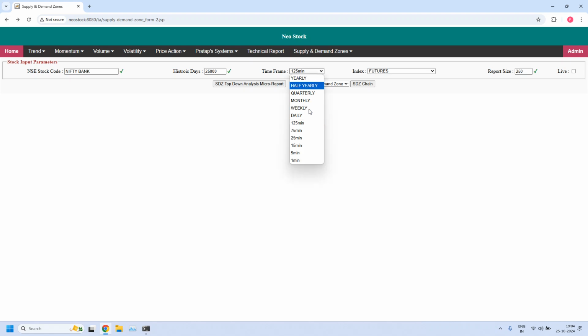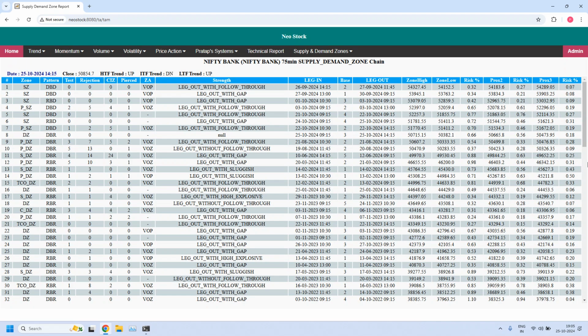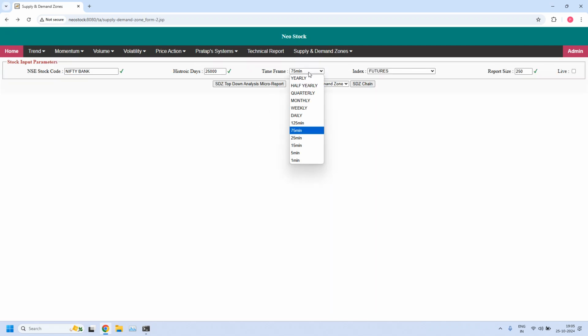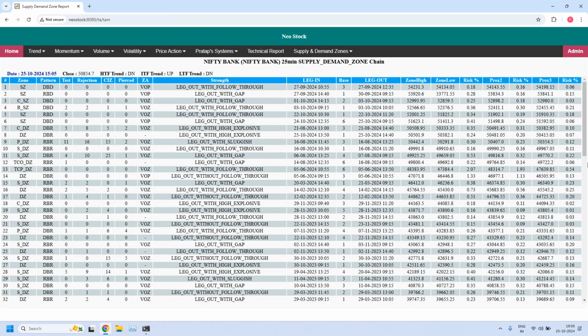Next time frame is 75 minutes, generating 75 minutes supply demand zone chain for BANKNIFTY. Next time frame is 25 minutes, generating 25 minutes supply demand zone chain for BANKNIFTY.